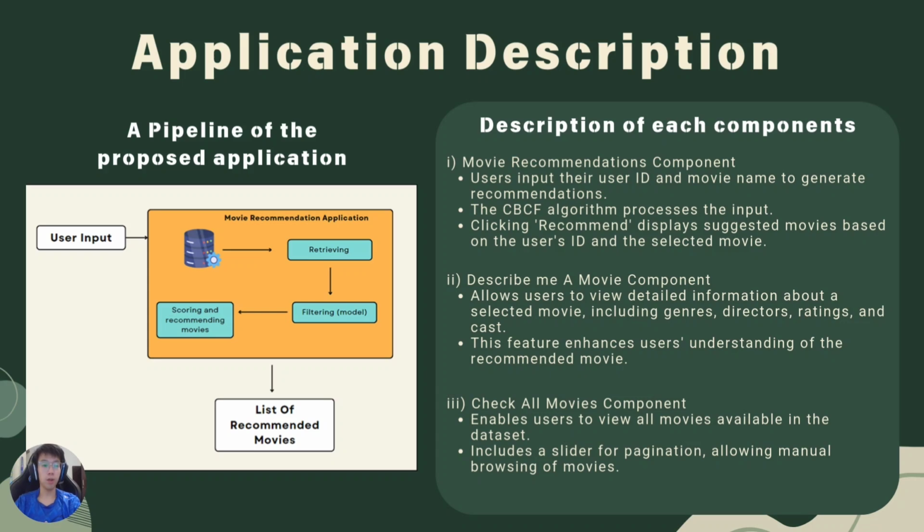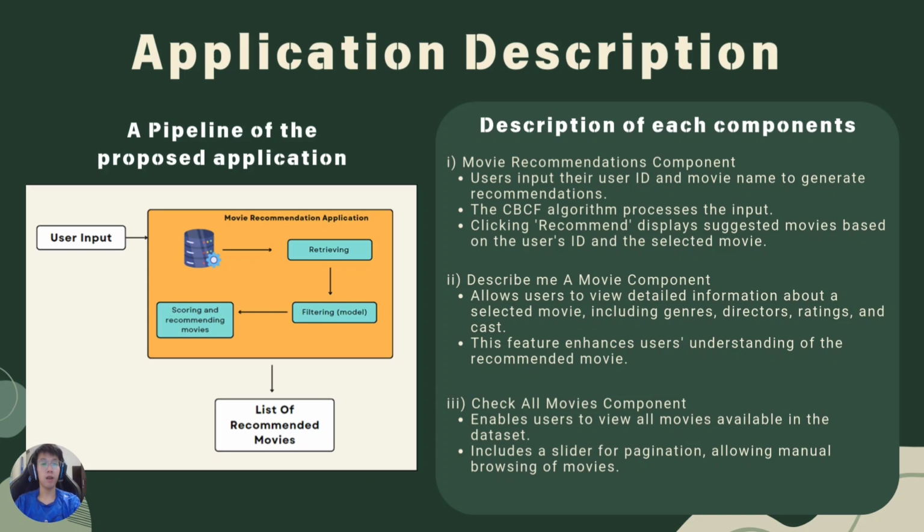In here we have a hybrid model consisting of content-based filtering and also collaborative filtering. Content-based filtering is based on the content of the movie. Collaborative filtering is based on the user's rating. After both filtering are applied to the movie, it will recommend the movie based on the scoring.